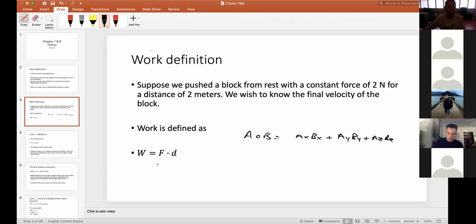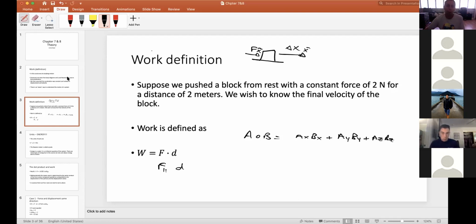So what work is, it's the parallel part of a force in the direction of a displacement. So if we push a block from rest, let's say you're trying to push a box across an icy floor, and you're pushing it in the X direction. And so it moves in the X direction, some change of X.